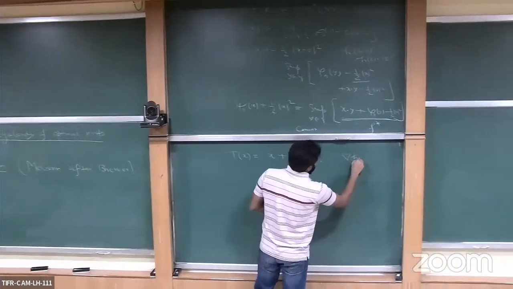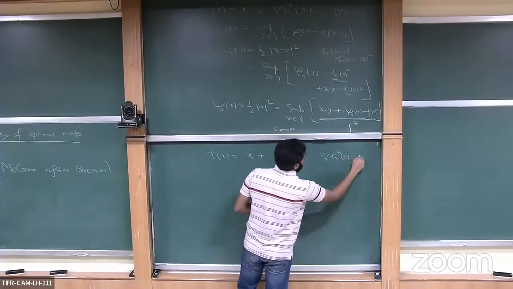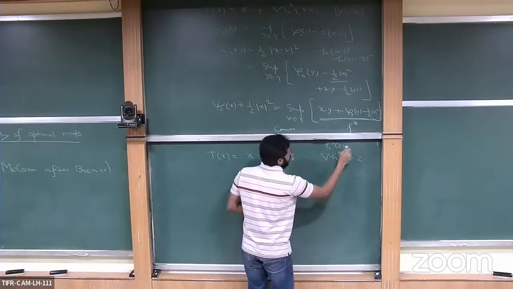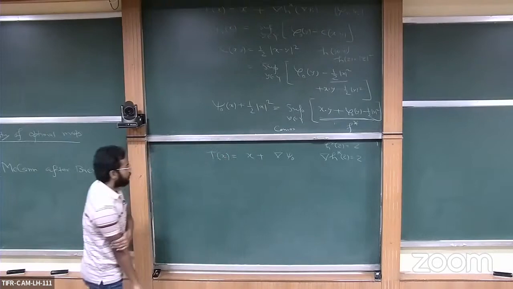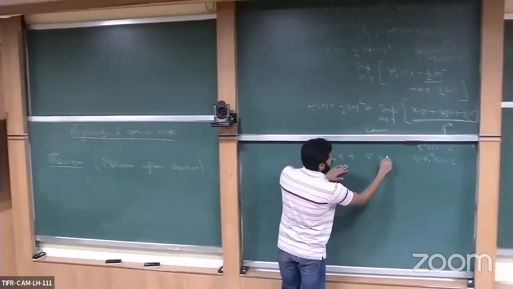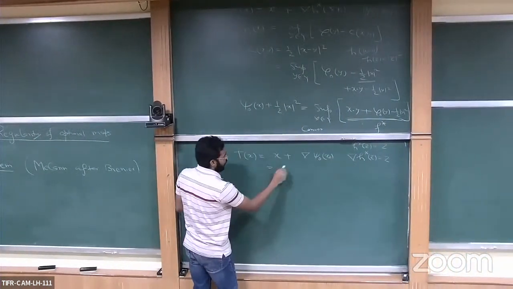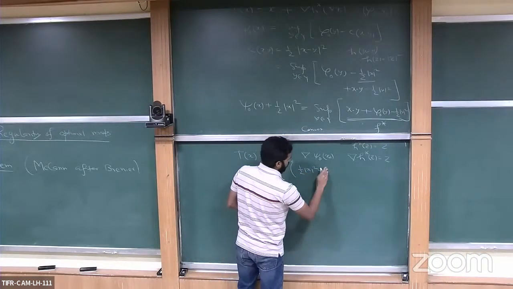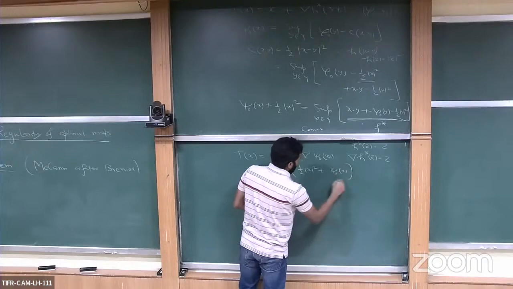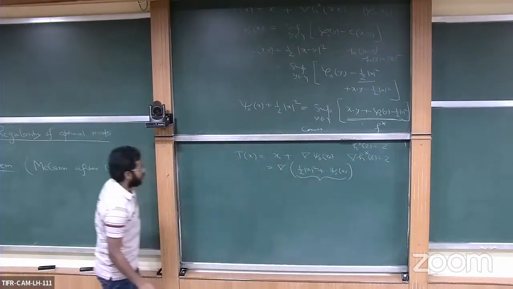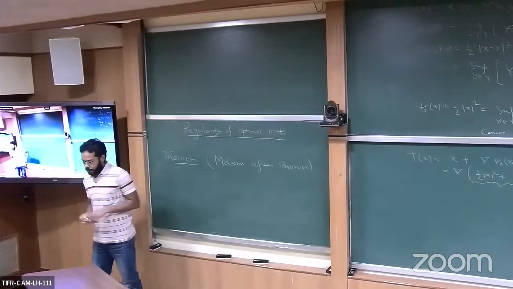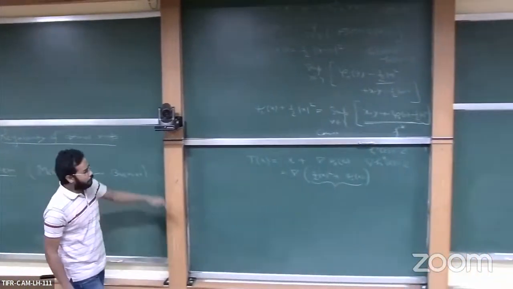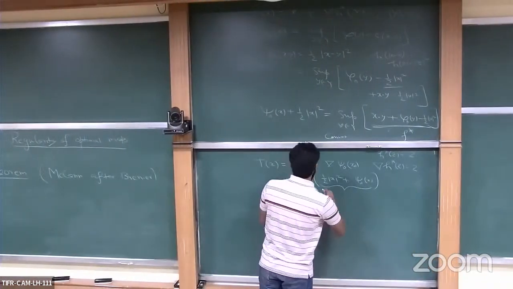So gradient of h star is this Legendre transform. So the optimal map is given by this phi, which I can write as the gradient of half mod x squared plus phi of x. This is a convex function, right? So the optimal map is given by the gradient of a convex function in this way. This is what we actually proved last time, and it recovers Brenier's theorem.